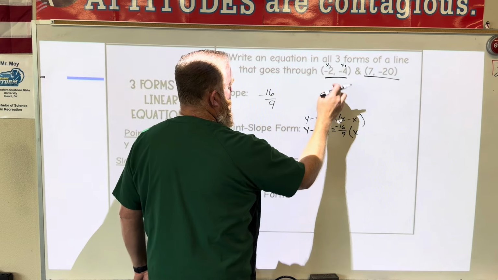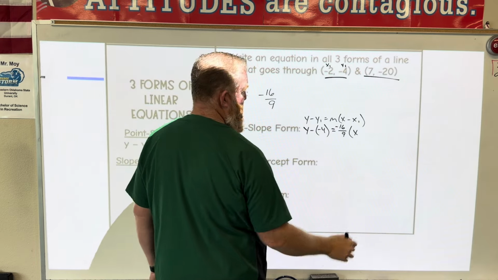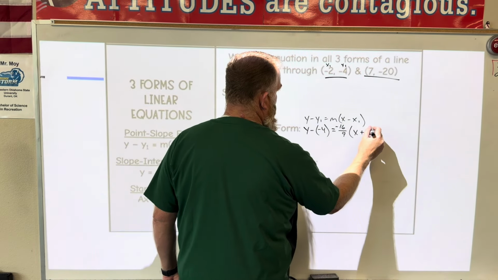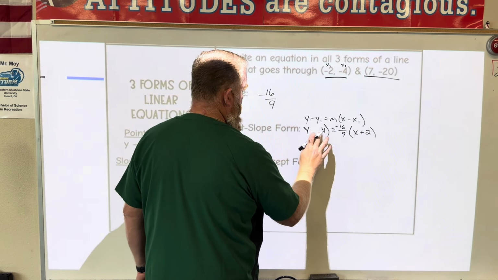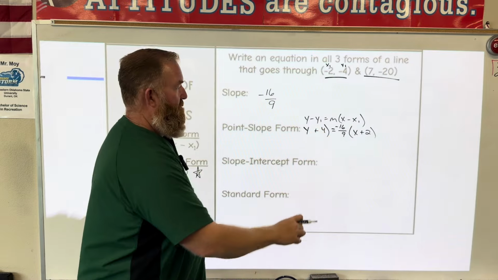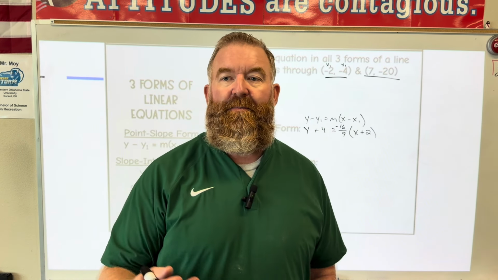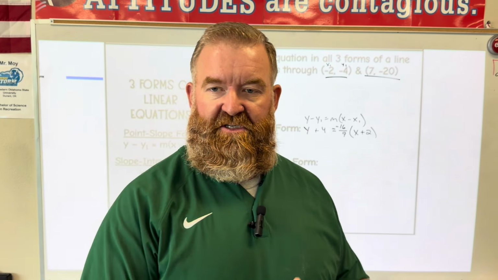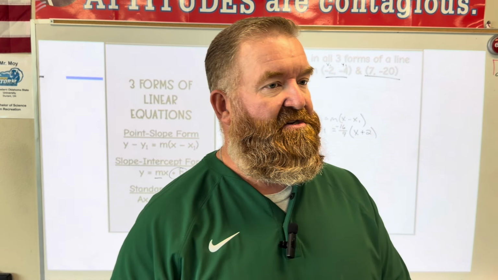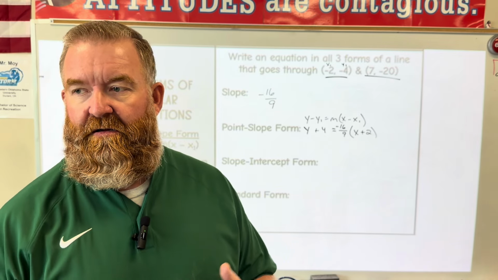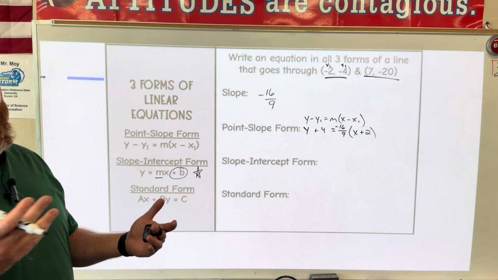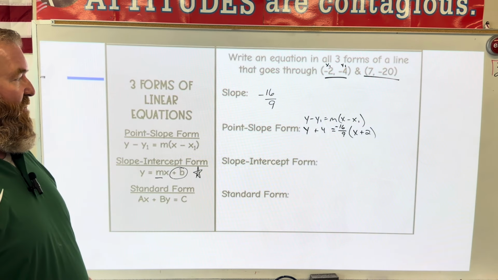What's that turn into? A positive 2. This is actually going to be positive 4. The double negative changes it. Think about it: y minus y1, so the minus sign changes the signs. If it's a negative, it becomes a positive. If it's a positive, it becomes a negative. Is everybody good so far?